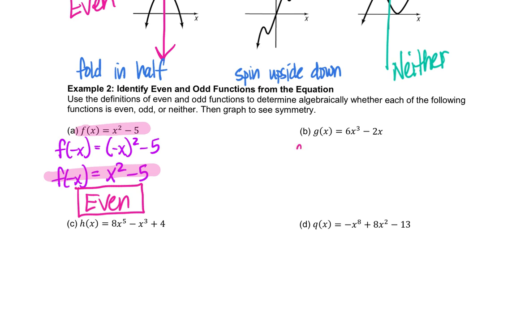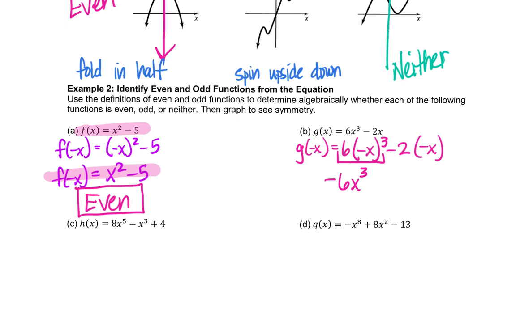So now we're going to replace the x's with negative x's. So we get 6 times (negative x) cubed minus 2 times negative x. So think about negative x, negative x, negative x. Is your answer negative or positive? It's negative. So this term right here becomes negative 6x cubed.